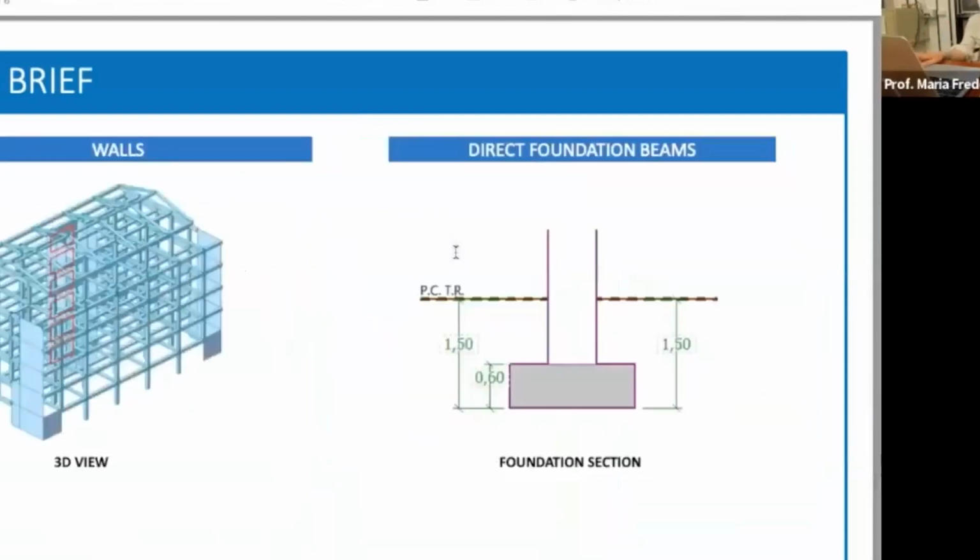And finally, we have walls, and the direct foundation beam is a T-section beam, as shown in this slide.